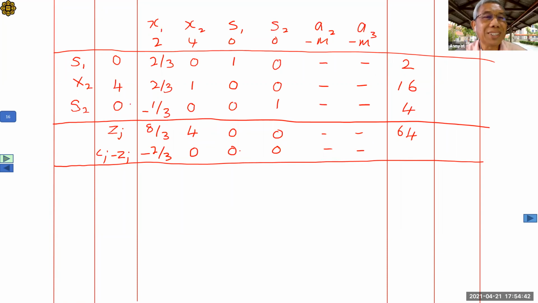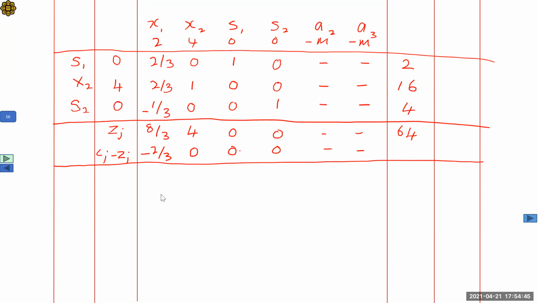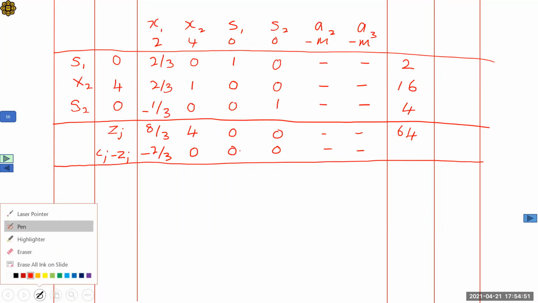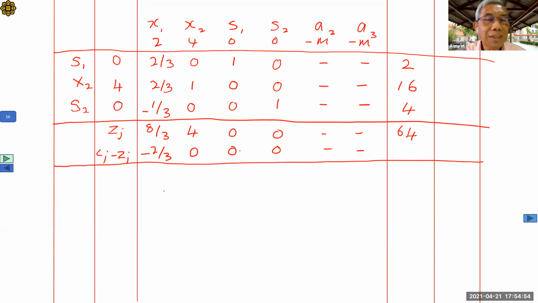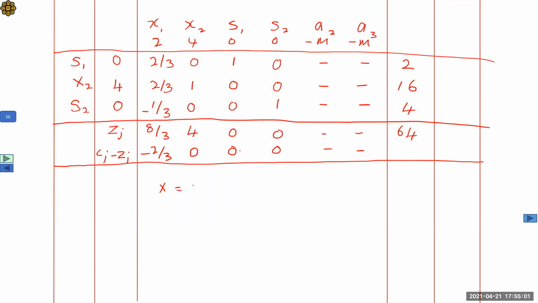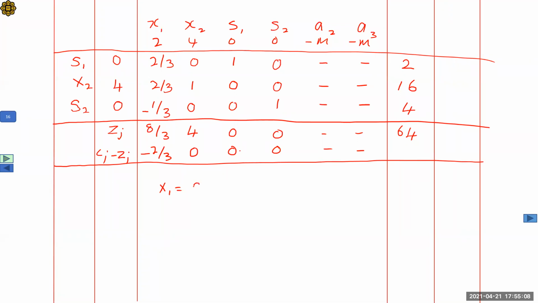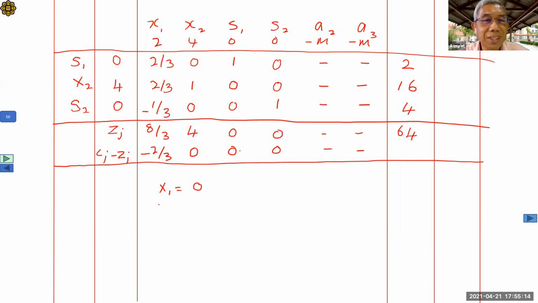So what's the solution? S1 equals 2, x2 equals 16, s2 equals 4. And the profit is 64. One more time. X1 equals 0. How do you know 0? Not in the basis, so non-basic.